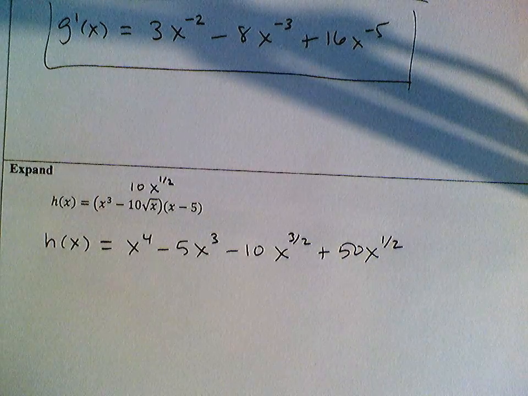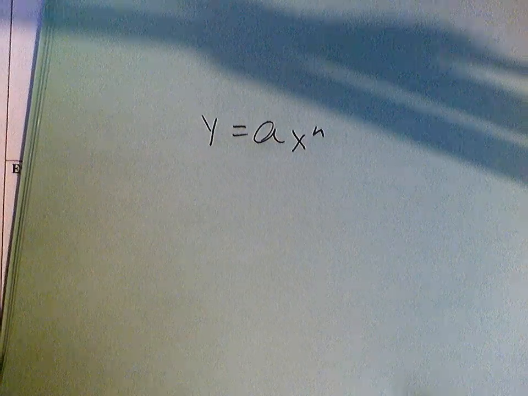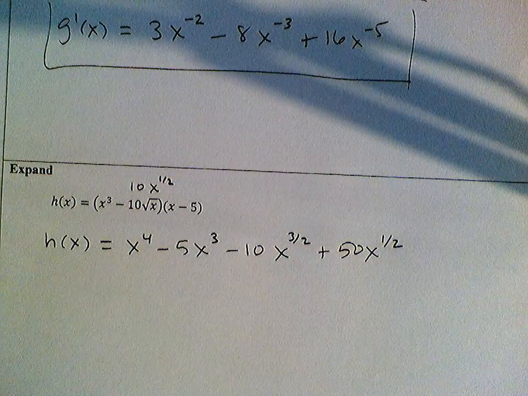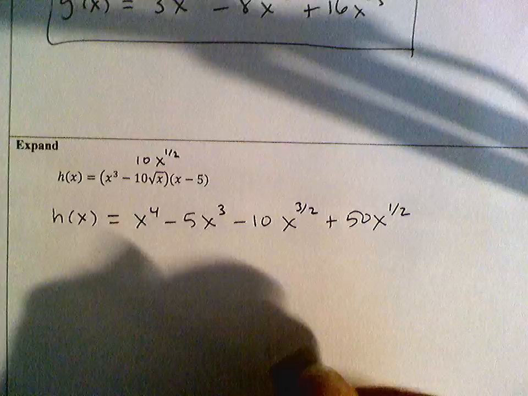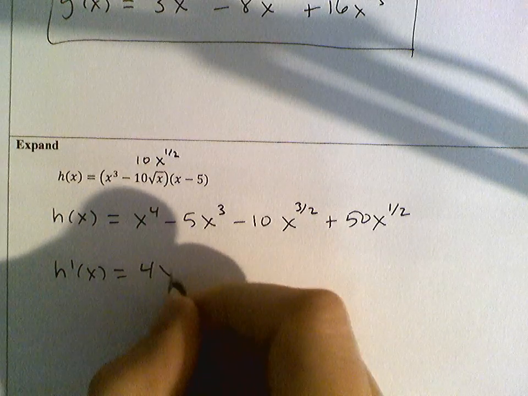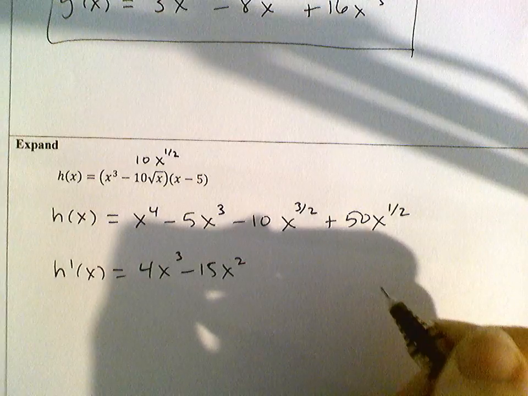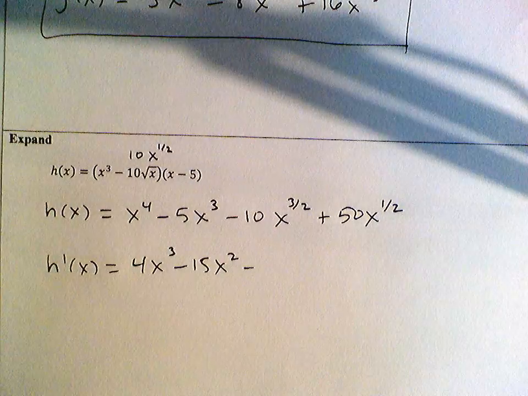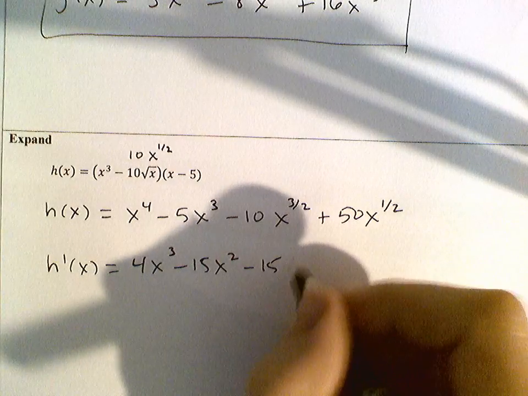Now I have sums and differences of terms of this form, ax to the n. So I could use the power rule. Guys, I'm not going to do that bracket stuff. This time I'm just going to go for it. So I've got h prime of x equals 4x to the third minus 15x squared minus 10 times 3/2 is 15.